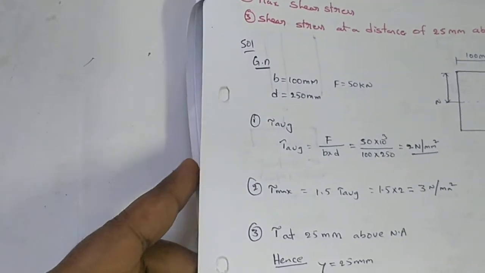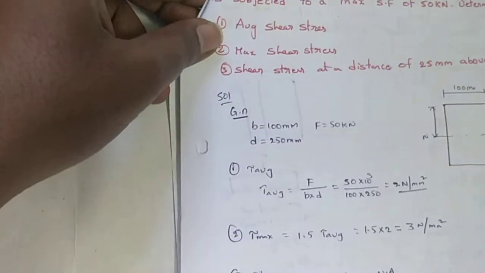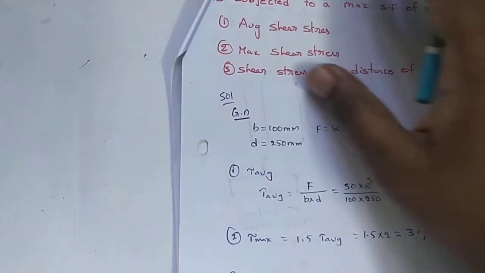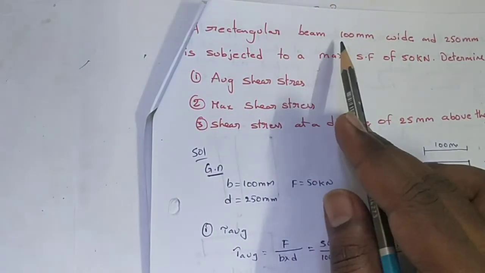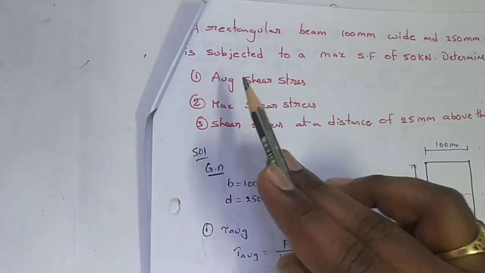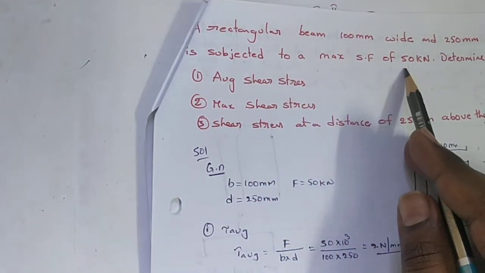Now calculate shear stress distribution for rectangular section. Here, the problem given is that a rectangular beam 100 mm wide and 250 mm deep is subjected to a maximum shear force of 50 kilonewton.